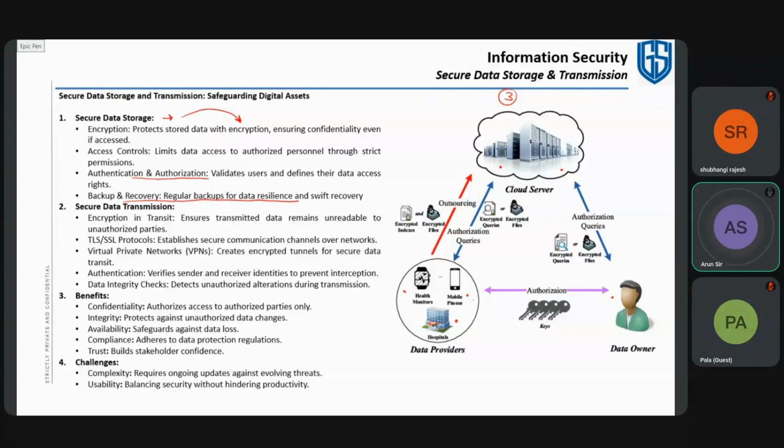So data resilience means even at the time of any cyber attack, we have another copy of our data. And you know that there was an attack recently that happened to many organizations.